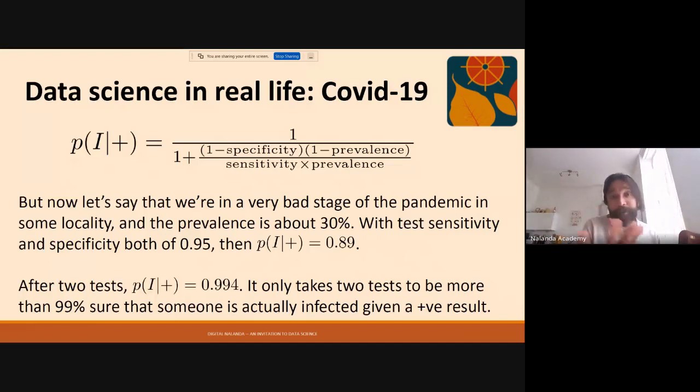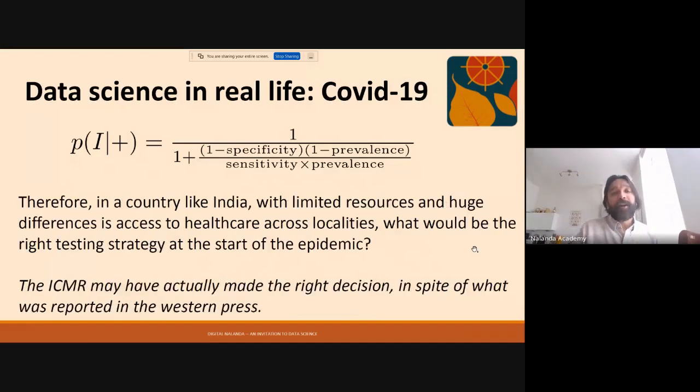You only know this by doing Bayes' theorem. After 2 tests, you're above 99% accurate. So perhaps it's sensible at the beginning of a pandemic not to over-test or overdo mass testing, or to do it in localities where the prevalence is actually quite high.